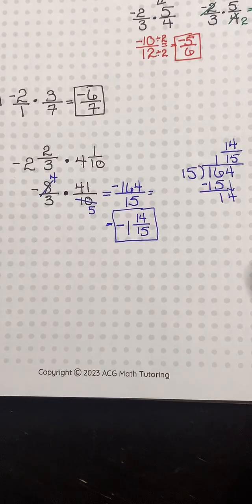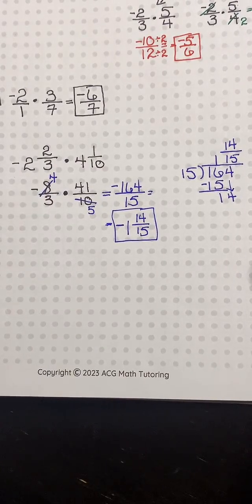You need to add the 0 because 15 can't go into 14. So I need to add the placeholder to represent what? Retyping the same thing over and over again is not helping.